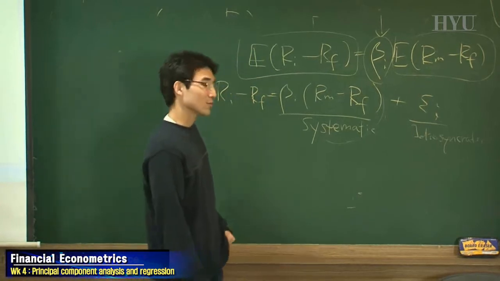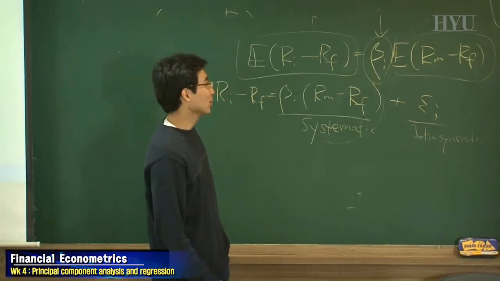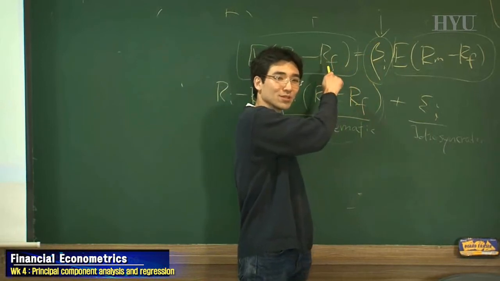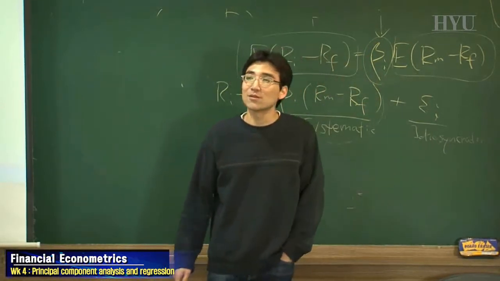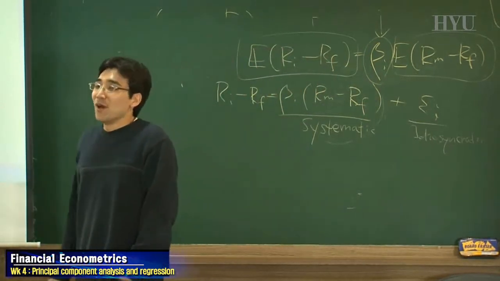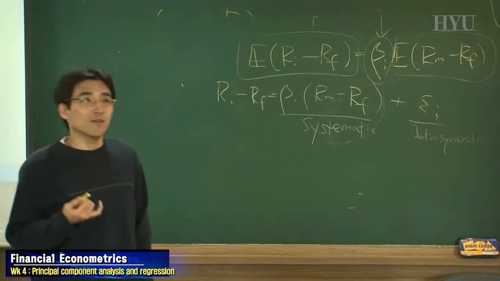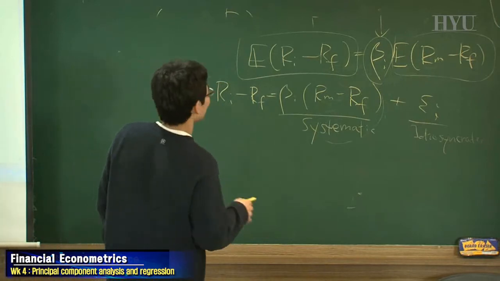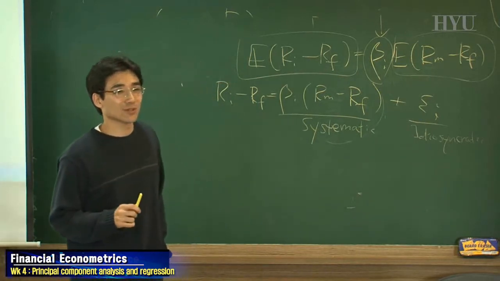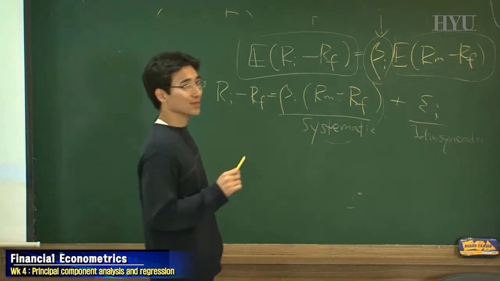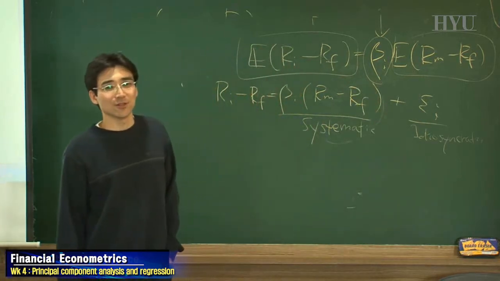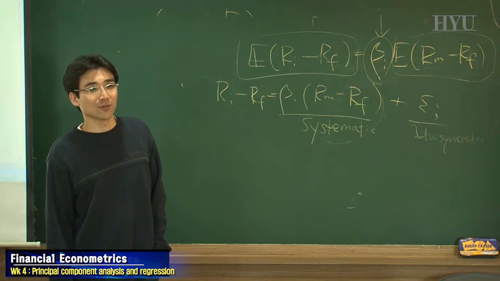The model means that the higher the beta is, the higher the expected return. If Naver generates a higher expected return than Samsung Electronics, it means that maybe Naver has a higher beta than Samsung Electronics.